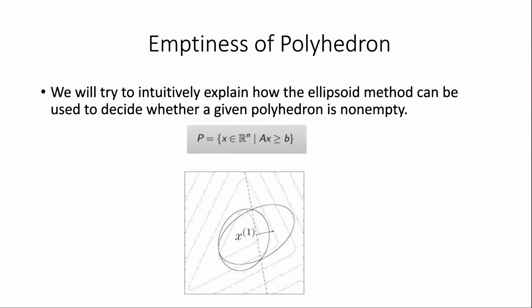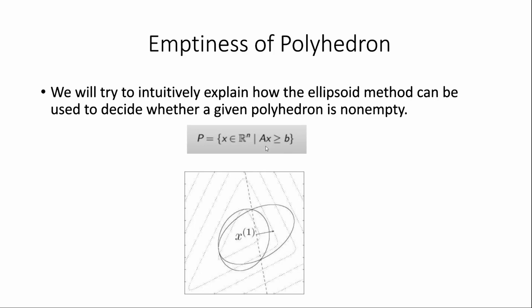Before beginning the ellipsoid method, we will first try to understand intuitively how it works. The first important thing to understand is that while solving the constraints in the ellipsoid method, we create a polyhedron. The polyhedron is created by the constraints that are given to us.